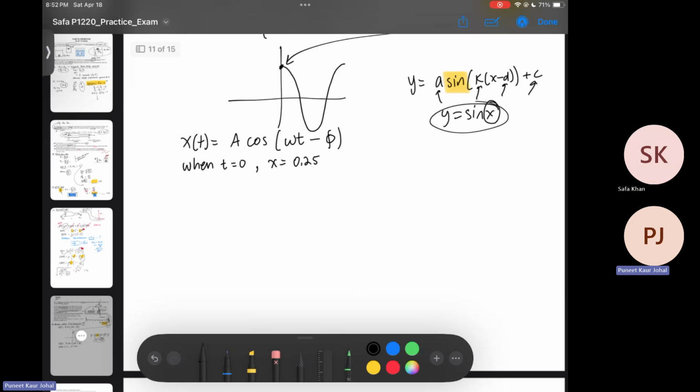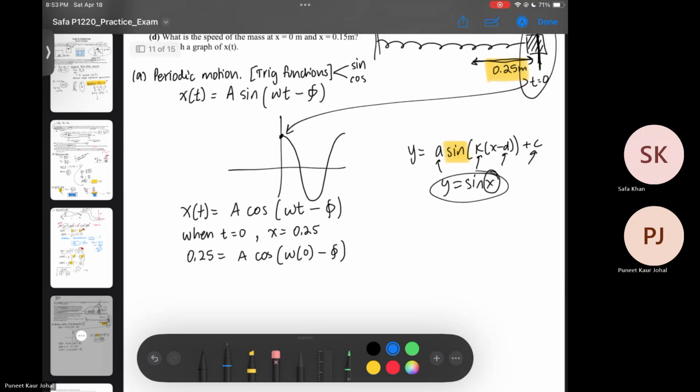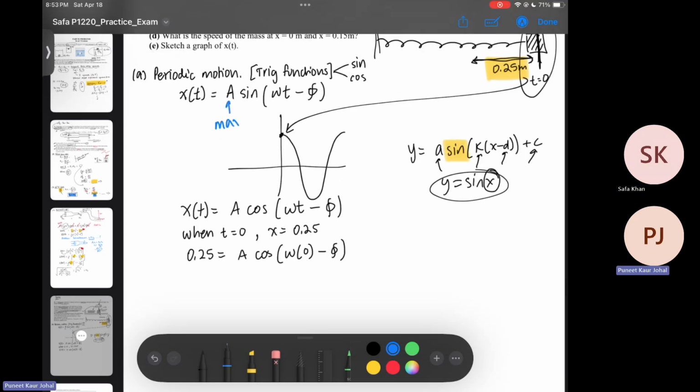So what I'm going to do is input these values into the equation and see what we get. If you input t as 0 into this function, actually you don't even have to. You know A is the maximum amplitude, the maximum stretch or compression that you can apply to the spring, and it is 0.25.